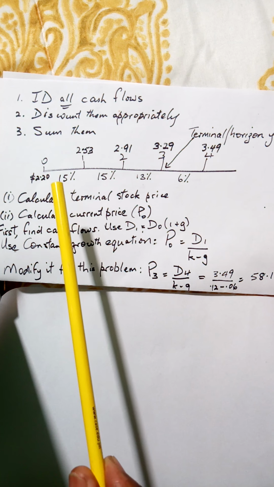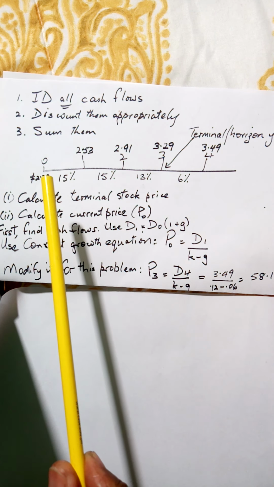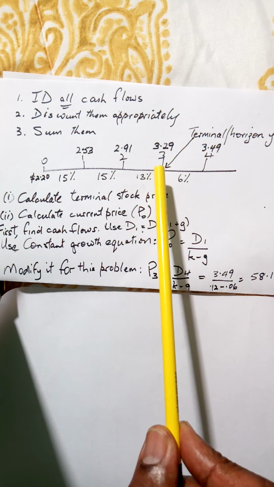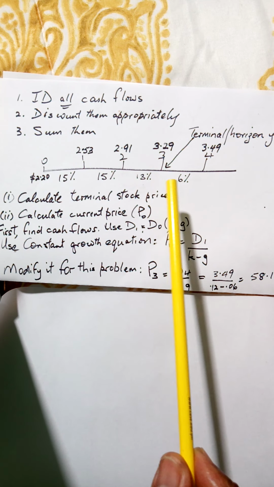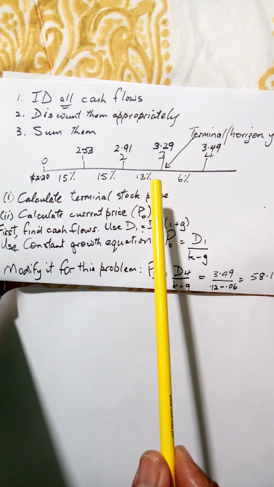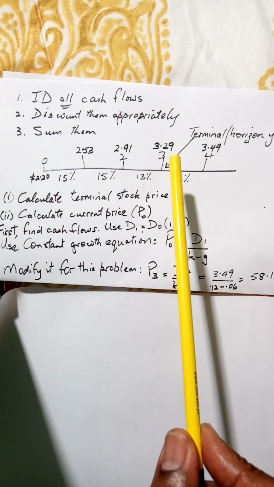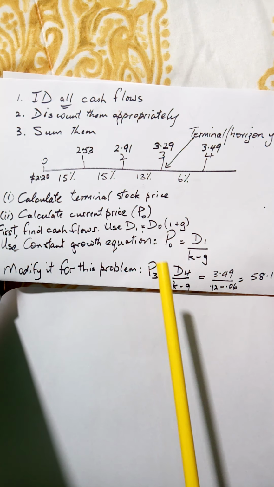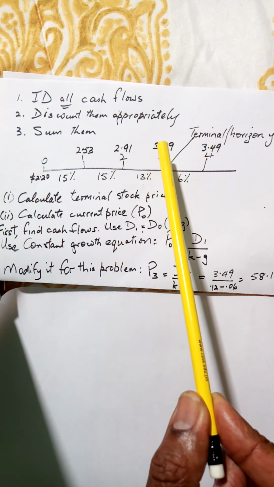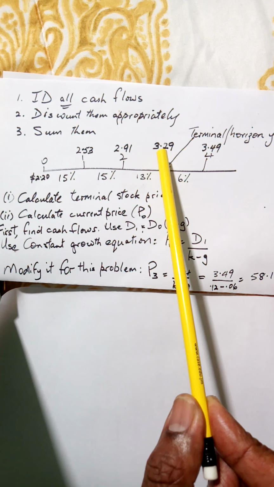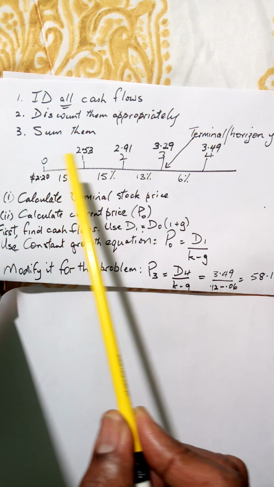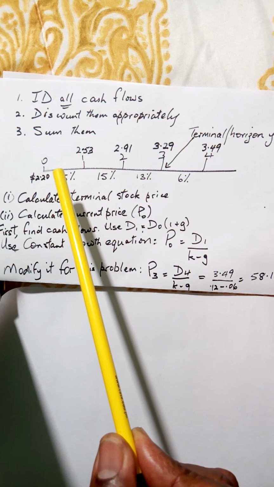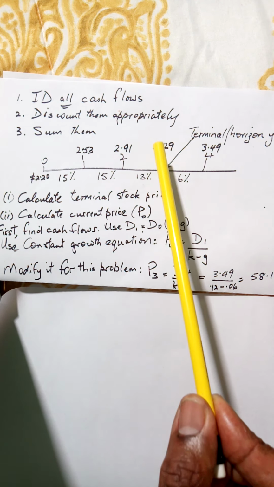Because the period of accelerated growth, 15, 15, 13, ends there, and the period of constant growth starts there. So year 3 is a unique year because it has two cash flows. The $3.29 you see here arose from the dividends paid or expected to be paid in the accelerated growth period, which ends here.